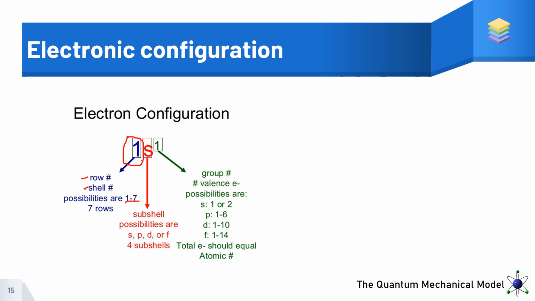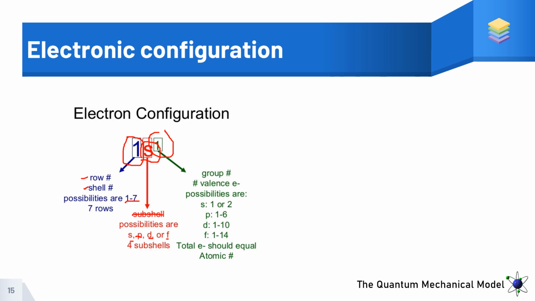Then we can also see the letter, which is s. This represents the subshell. This could be s for sharp, p for principal, d for diffuse, and f for fundamental. And here you can see the number 1. This one represents the number of electrons, which is limited for each subshell.